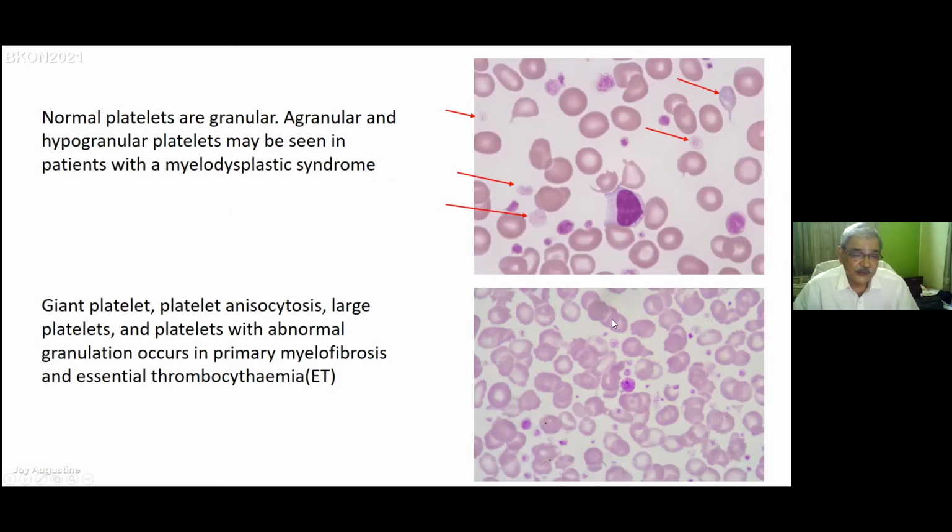Now this is a picture of essential thrombocythemia where you have thrombocytosis with varying sizes, giant platelets to small platelets to tiny platelets. This sort of anisocytosis of the platelets with thrombocytosis is the hallmark in the peripheral blood of primary essential thrombocythemia and primary myelofibrosis.